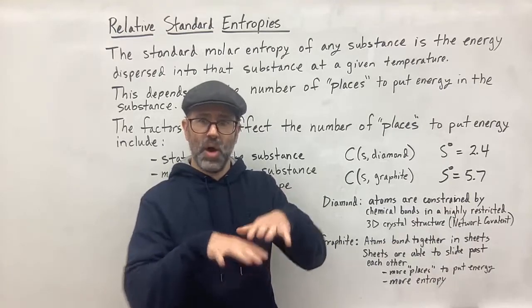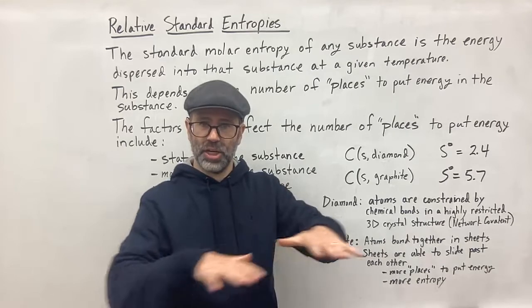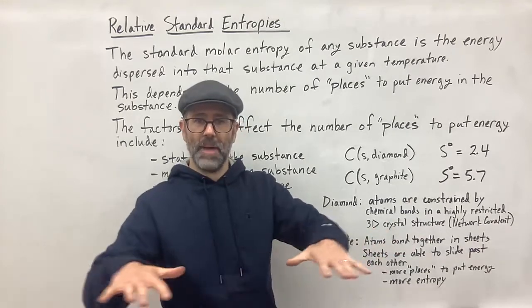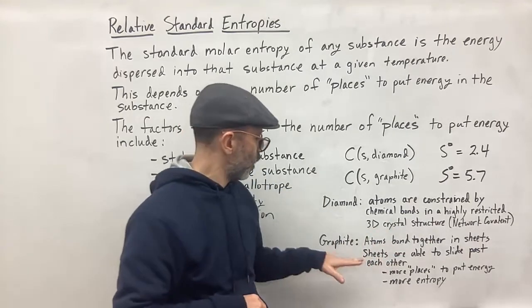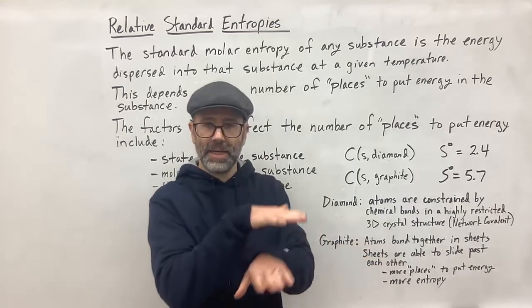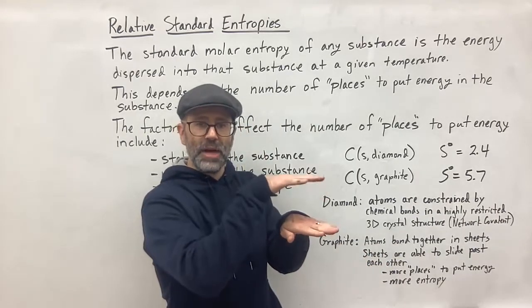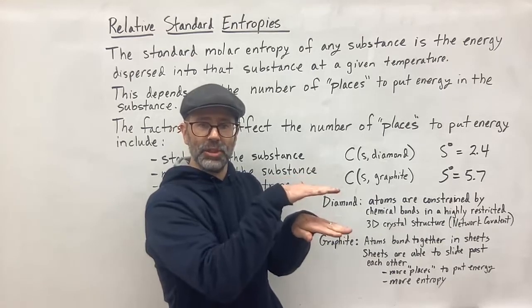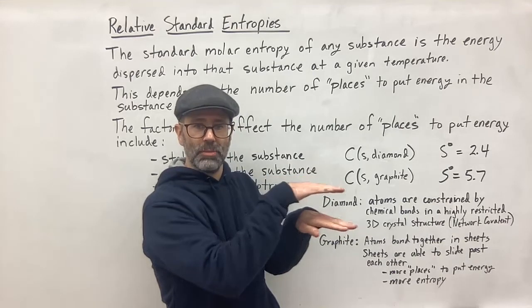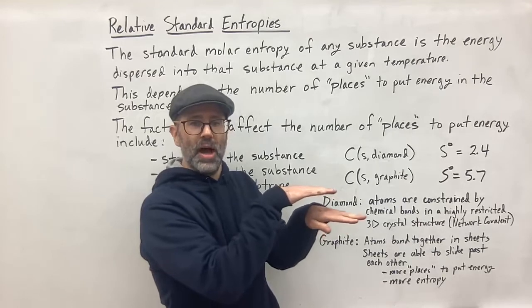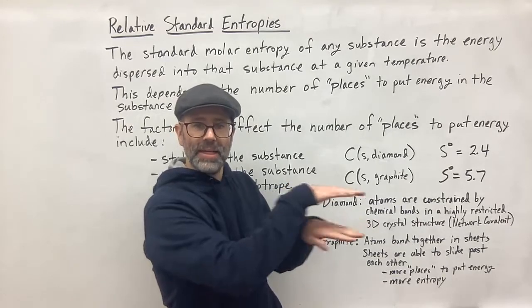It's kind of like chicken wire, if you will. So it's like a sheet of chicken wire of bonded carbons. And the sheets are kind of stacked on top of each other. Because of that, they're not covalently bonded to each other, but they're held together by intermolecular forces. And so those are going to be weaker and they can slide.